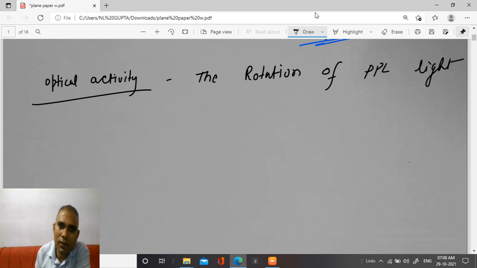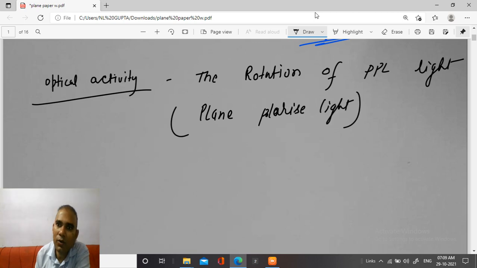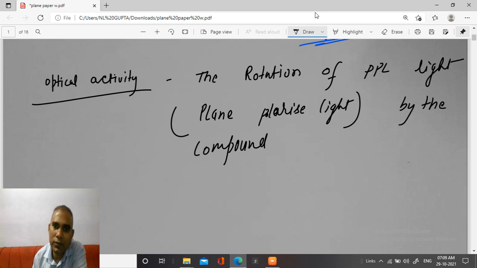PPL light means plane polarized light. The rotation of plane polarized light by a compound is known as optical activity.